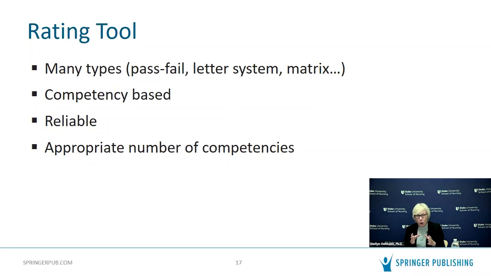I think with our short clinical courses, with wide use of adjunct faculty, particularly in a clinical model, we probably can't collect enough data for a form that has pages and pages of competencies. So I would like to say it's the last best practice for your rating tool: look at the number of competencies. They have to be measurable. They should relate to competencies either that you're pulling in from the essentials or whatever framework you're using or your course.